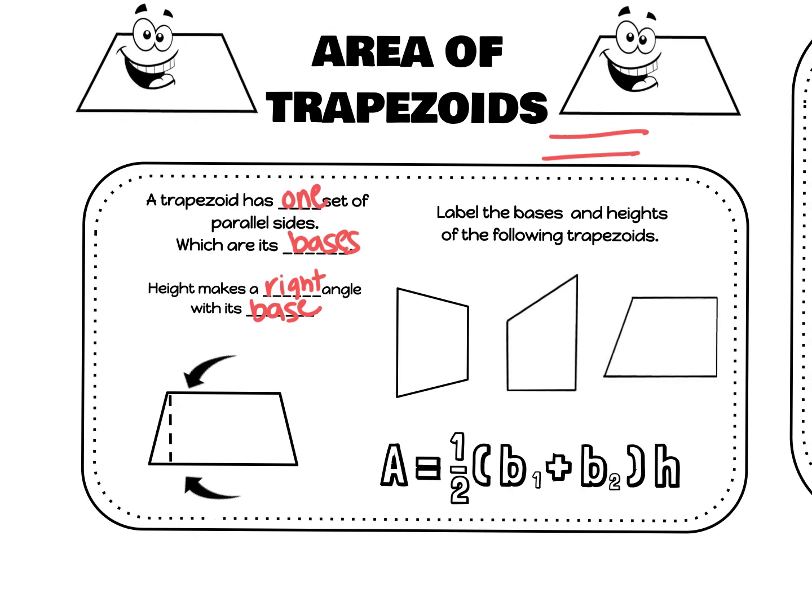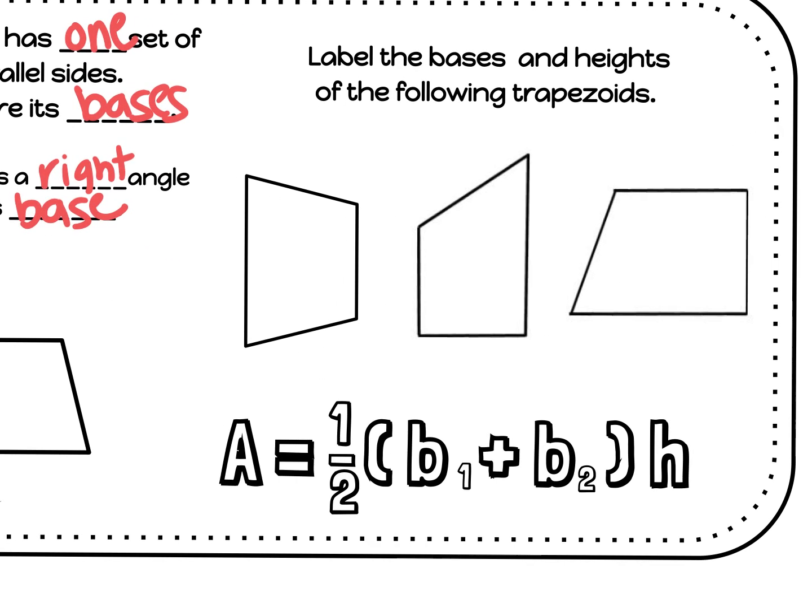For example, these are all trapezoids over here. The parallel lines that you see on the trapezoid are called its bases. So this would be base 1, and this one would be base 2. It doesn't matter which one you name 1 or 2. It can be flipped backwards as long as you understand which ones are the bases.